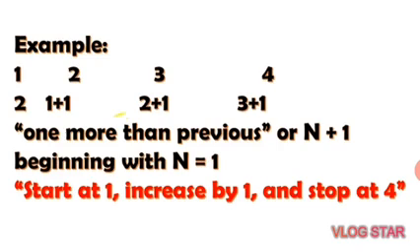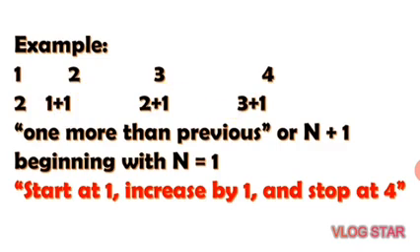So we start with 1, then the next term is 2, 3, and 4. We are just adding 1 to the previous, or 1 plus the previous. So 1 plus 1 is 2, 2 plus 1 is 3, 3 plus 1 is 4.